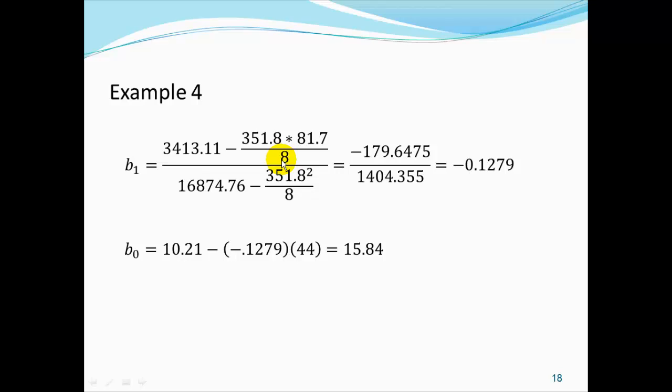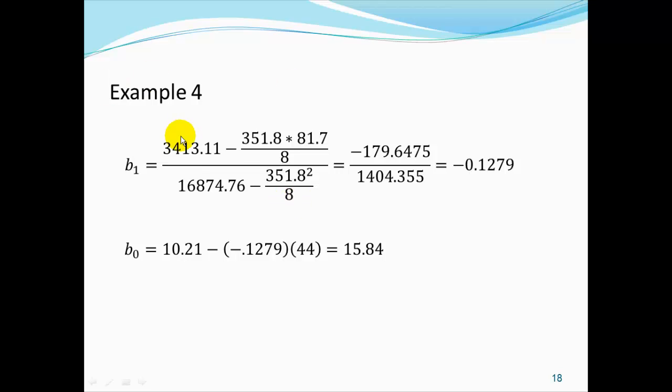We have 8 data pairs for this problem. All of this divided by the summation of x squared, which is the third column on our table, 16,874.76, minus the summation of x, which is 351.8 quantity squared, divided by n, our number of data pairs, which is 8.